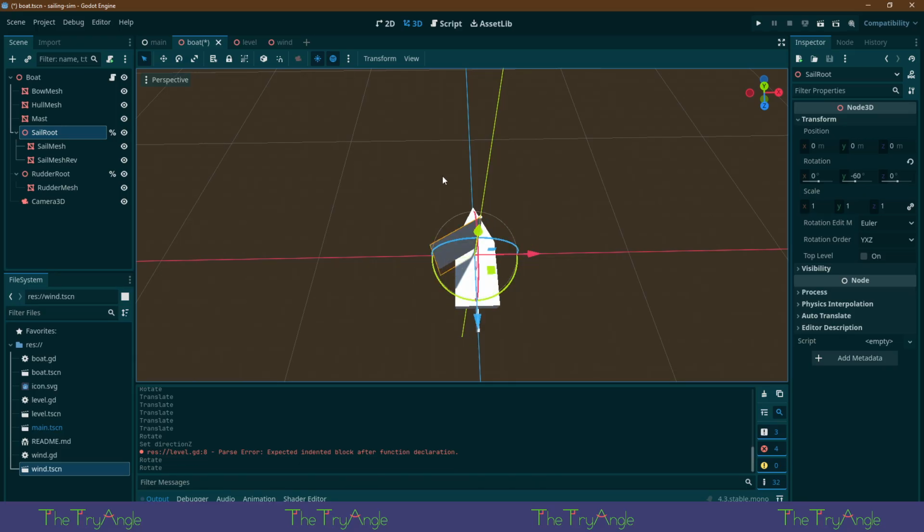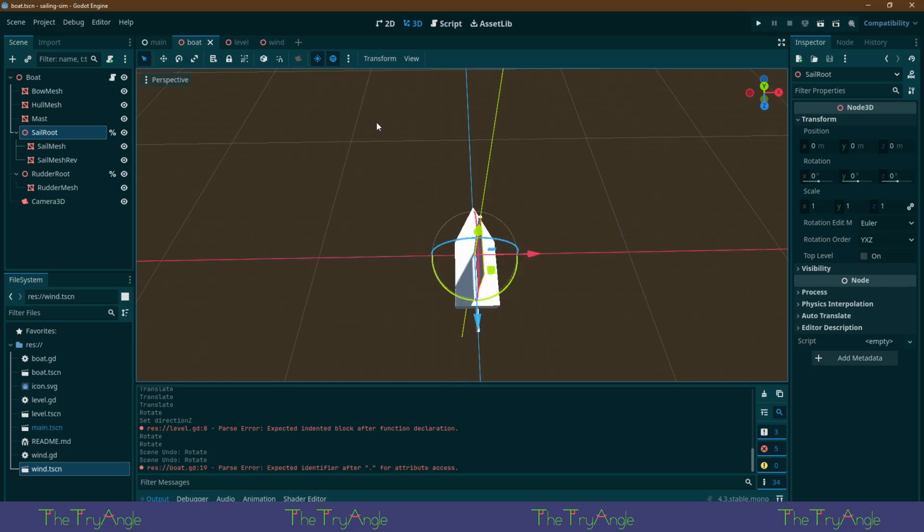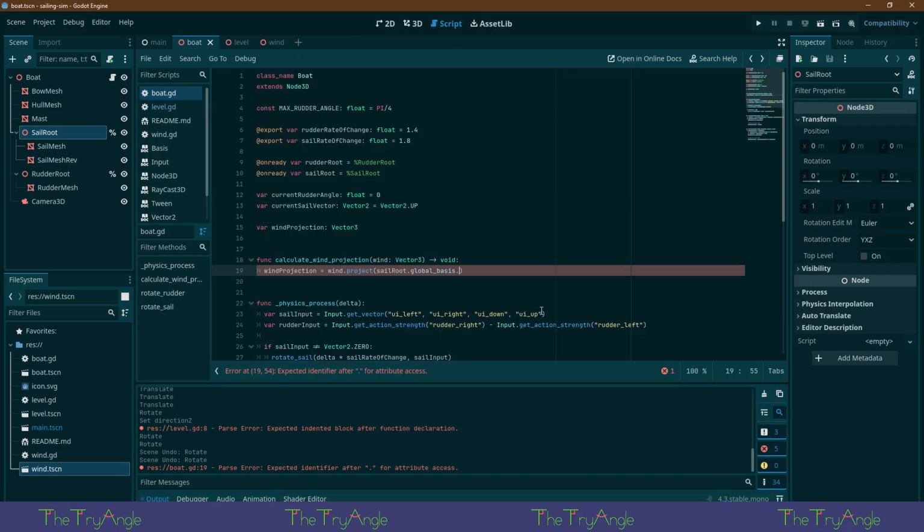But if we rotate this way, we don't want it to be negative, right? Because that's projected onto this vector, it would probably just give me the negative vector anyway. All right, so let's keep it as is. And I don't want to do local. All right, so global X, and that is going to give us our projection.